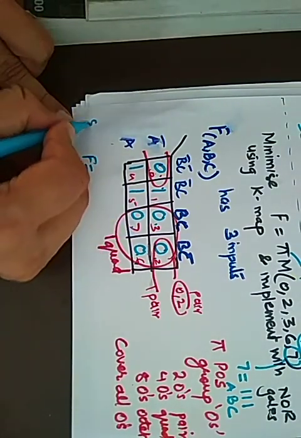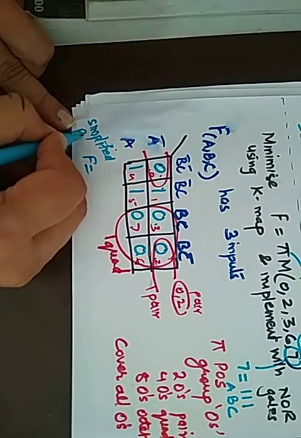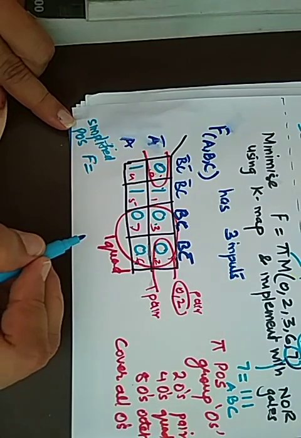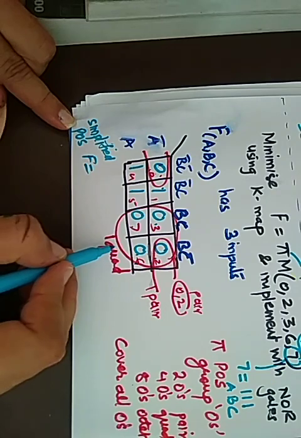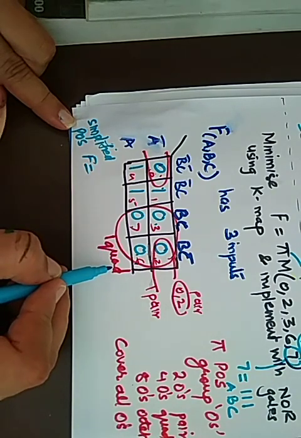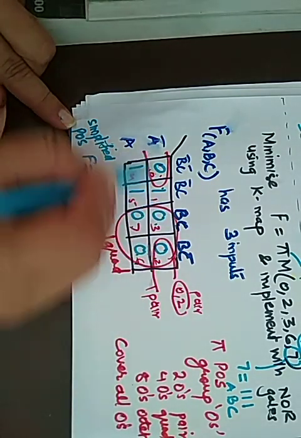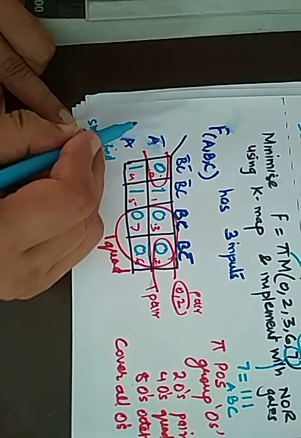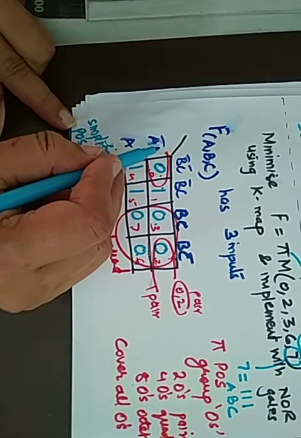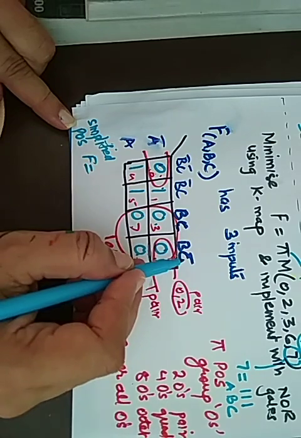So we are trying to find the simplified POS. For that, we have to find the values for each. Let us see the value for this quad. You have to see the rows and you have to see the columns. So if you see for this quad, the two rows are A bar, A. So the A variable is changing, it will be eliminated. From the columns, you have BC and BC bar.